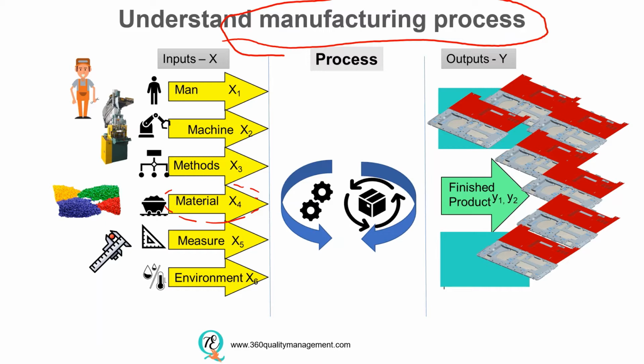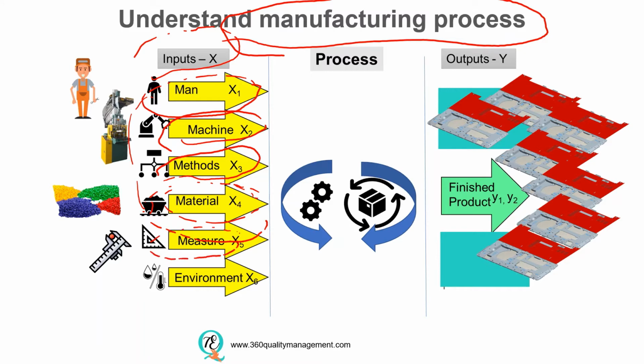All manufacturing process inputs will have materials as a key process input. Man, who needs to work on the manufacturing process to transform the material. The machine that helps to transform the material, the method that is used to transform, and also the measurement process that measures the products or the material as well.